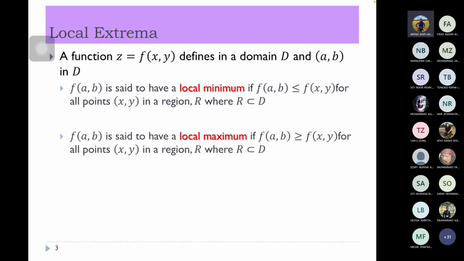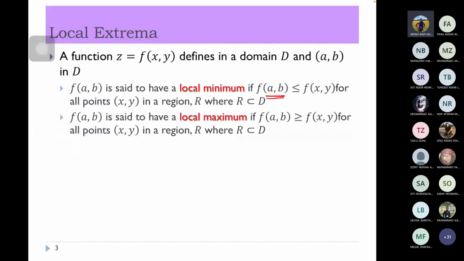Okay. So it will have a local minimum if the value of the function, f(a, b), where we substitute the point (a, b) into the function, gives a value less than the function for all points (x, y) in the region R, which is included in the domain of the function.